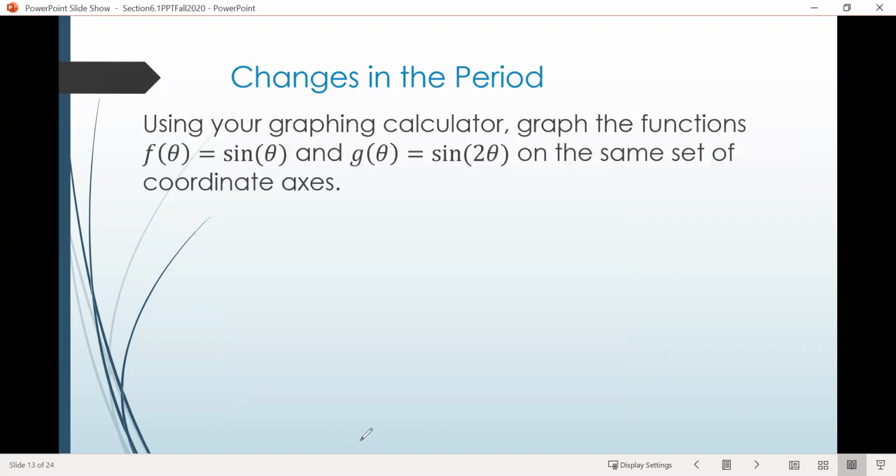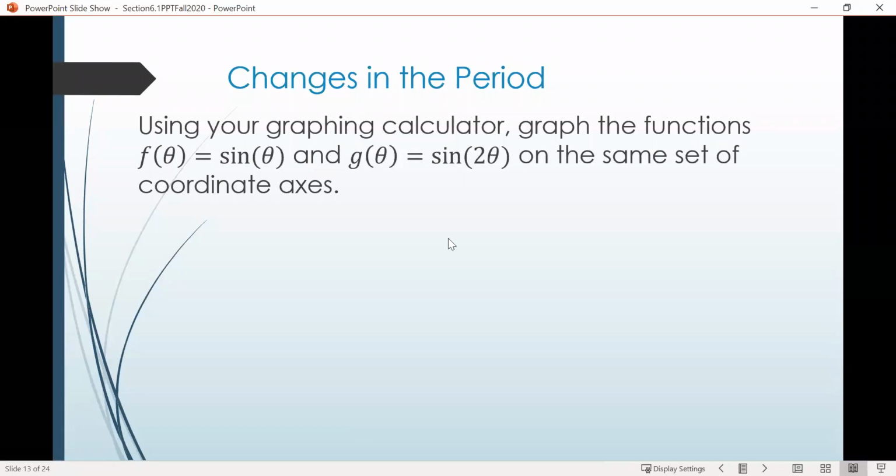All right. Let's also now do some graphing. And I'm going to use Desmos for this graph. However, you could also do this on your graphing calculator if you have one. As I've mentioned earlier in this section, to graph these functions, make sure that your calculator is in radians mode.